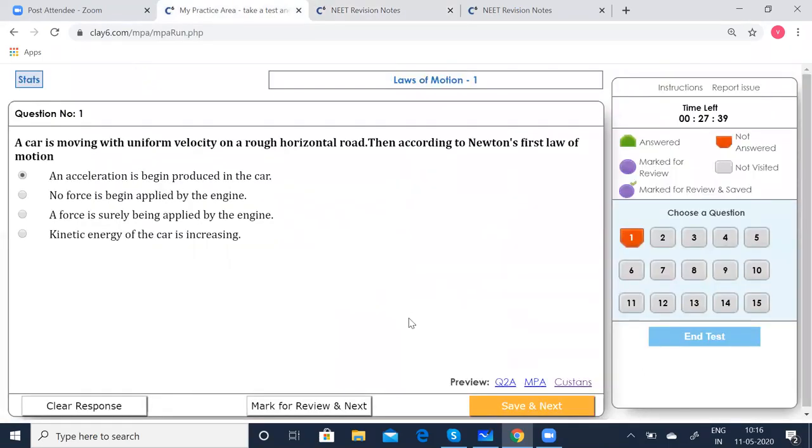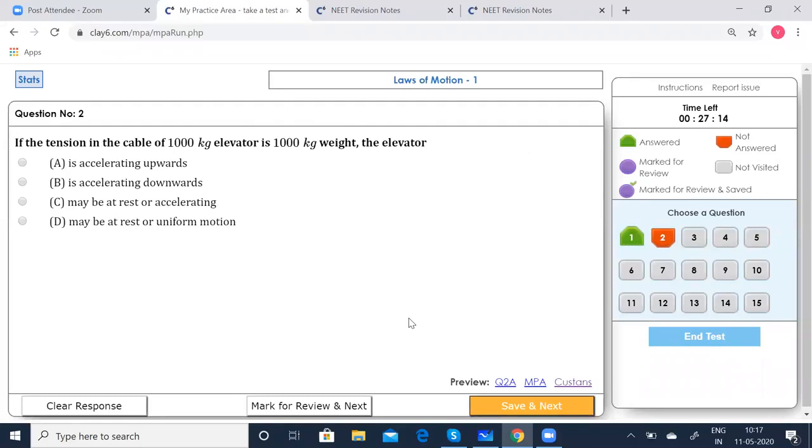Now after going through that law, you can see that a force is certainly applied by the engine, because the car is on a rough horizontal road. So there is a force of friction and we have to overcome this friction force. So a force is surely being applied by the engine. Option C is correct. Save and go to the next question.